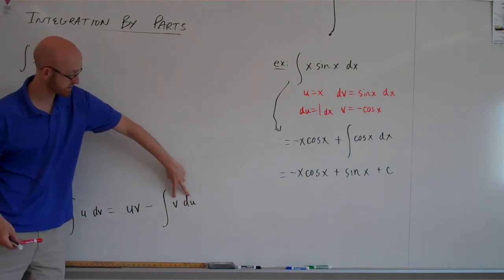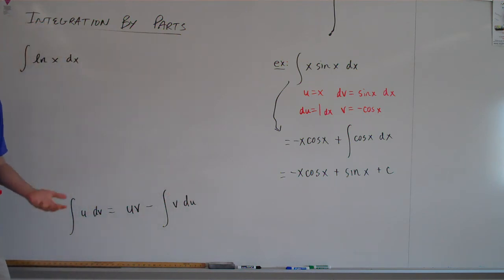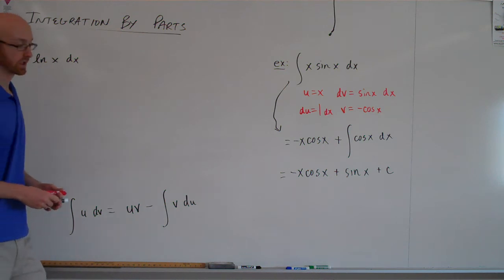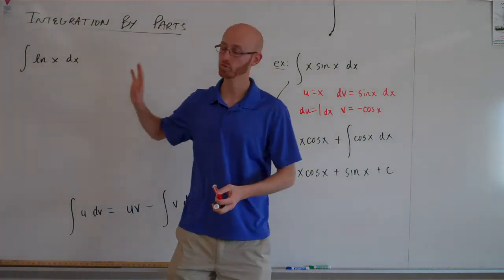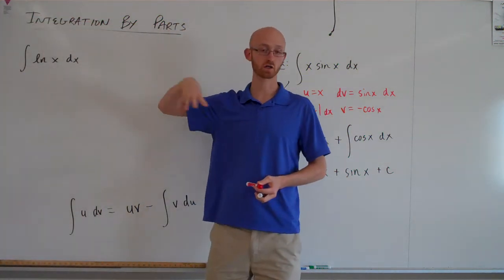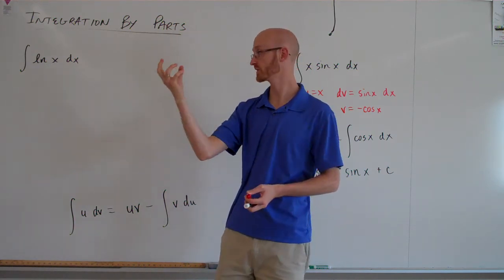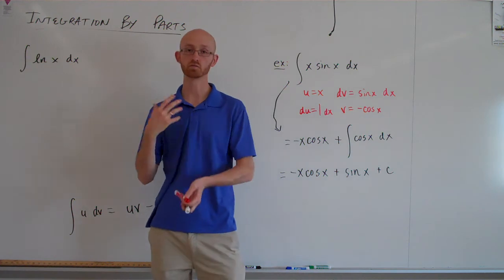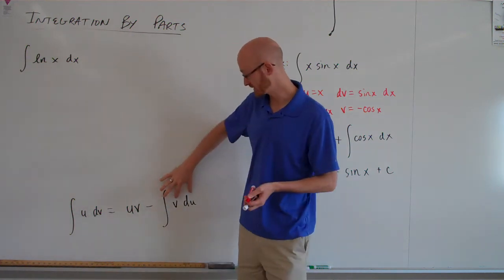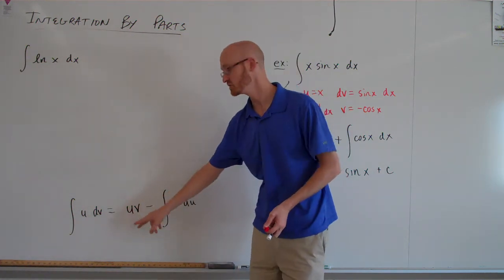The goal, though, is to end up with v du being simple. So in this case, maybe pause for a second and see if you can come up with something u could be and something dv could be that would make this come out with a nice v du.